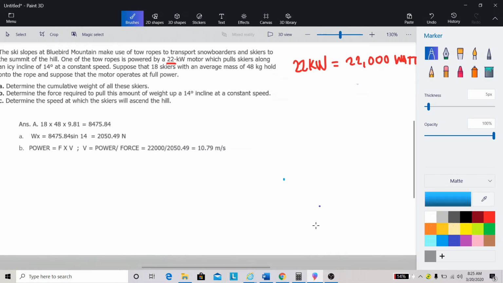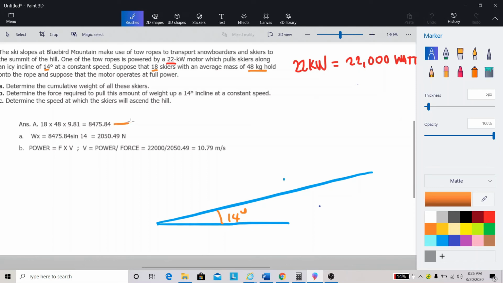Let's see. We have a slope here of 14 degrees. Okay. Now, we have 18 skiers. Those 18 skiers, the incline is 14 degrees, and each has 48 kilograms. So I computed this, and this is what comes out. The unit here will be in newtons. That determines the cumulative weight of all these skiers.